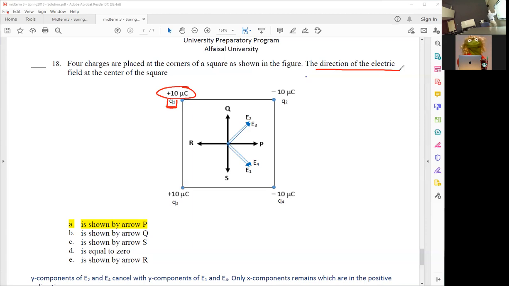Before I look at the direction of the electric field for these four charges, just as a reminder, when you have a positive charge plus Q here, and you're looking for the electric field at any given point in space, I'll use a cross to signify this is a point in space. You don't have to have a charge at this point, it's just a point in space, and you want to know the magnitude of the electric field at that point.